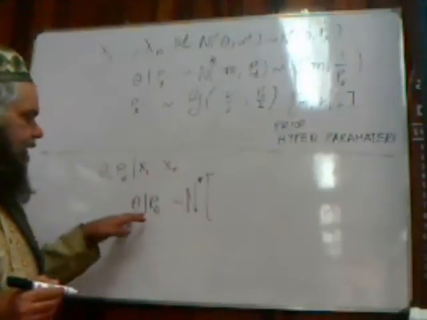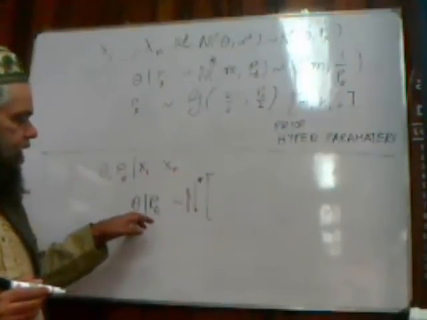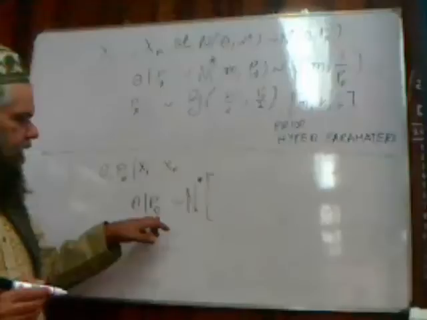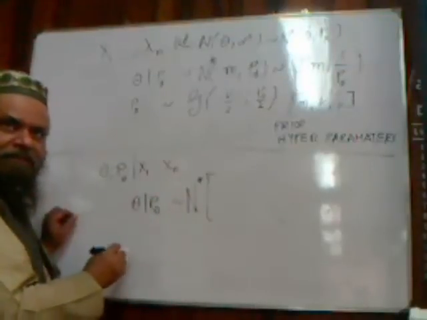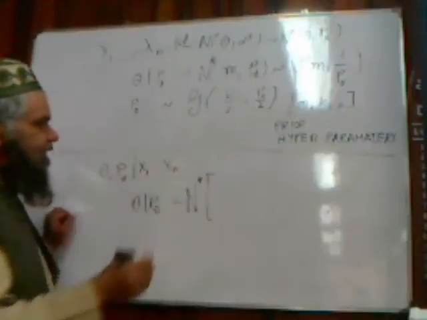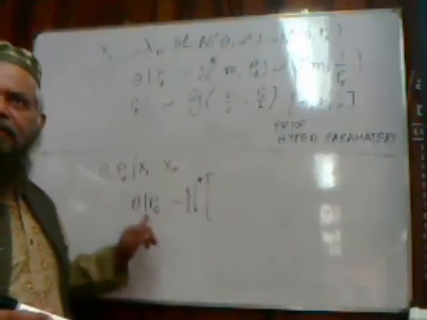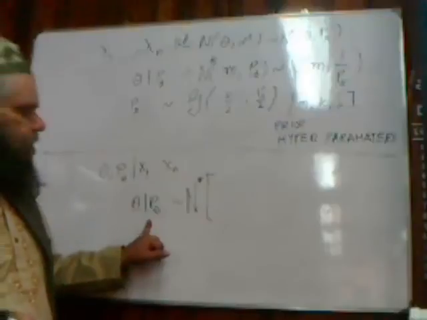That's the posterior density. But it's easier to express this joint density as the conditional density of theta given p theta and the marginal density of p theta. Both of these are conditional densities, and I haven't mentioned it specifically here, but the x's are being conditioned on here. So it's a double conditional. First we condition on data, then we condition on p theta, and we get the marginal density.